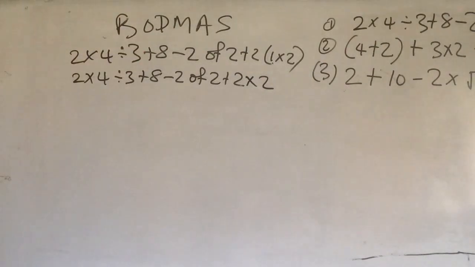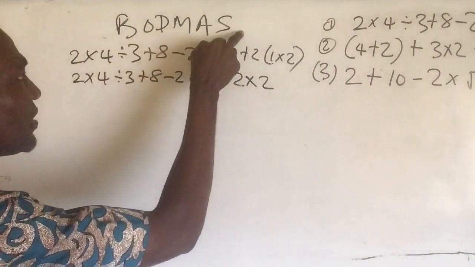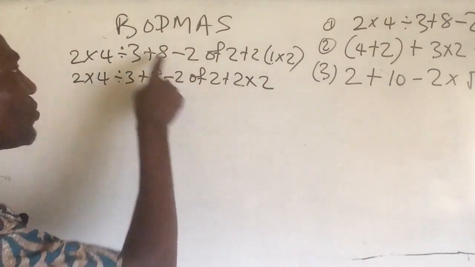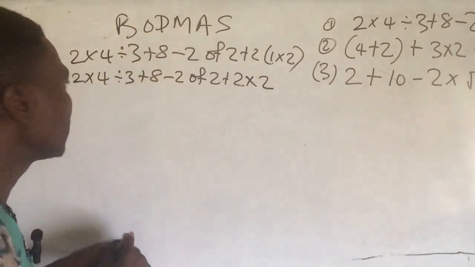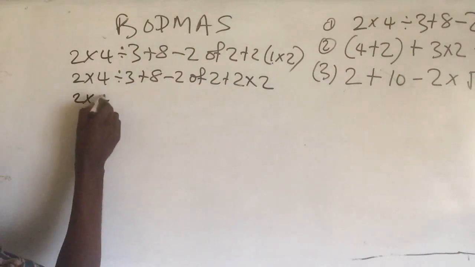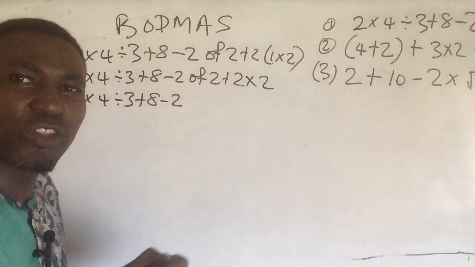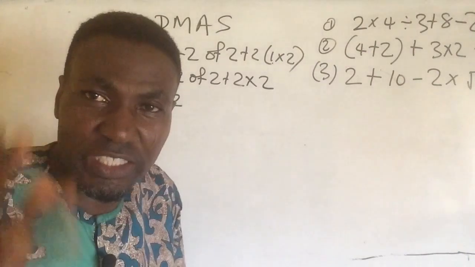The next one is others. Is there any other sign here that is not in this BODMAS? Yes, "of" is here. There is no "of" in BODMAS, so I will have to treat this "of". Now start again: 2 times 4 divided by 3 plus 8 minus 2 of. In order to remove "of", you exchange it with the multiplication sign.